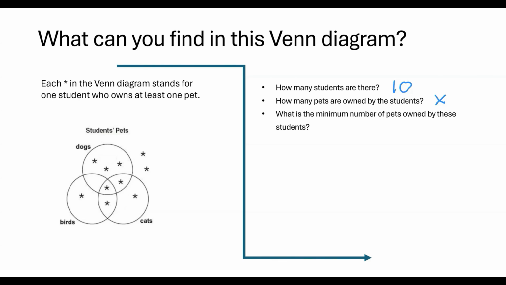So what would be the minimum number of pets? Here we have 1, 2, 3, 4, 5. Now, the intersections will be interesting. That one will have a minimum of 2 because you have a bird and a cat. And that one will have 3 as the minimum because the student can have a bird, a cat, and a dog.